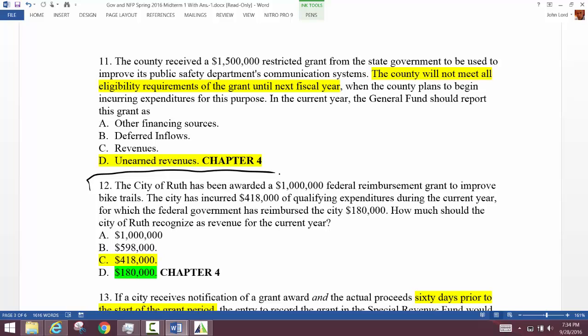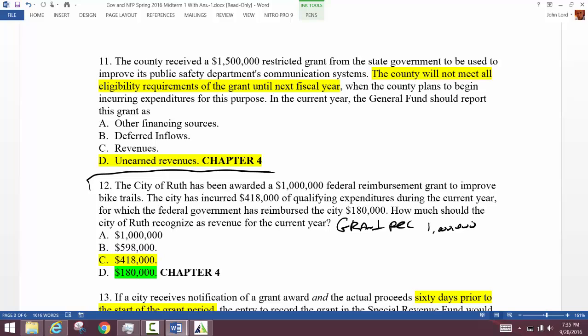It's a reimbursement. So they're going to debit grant receivable for how much? 1 million. And credit what? They're going to credit what?